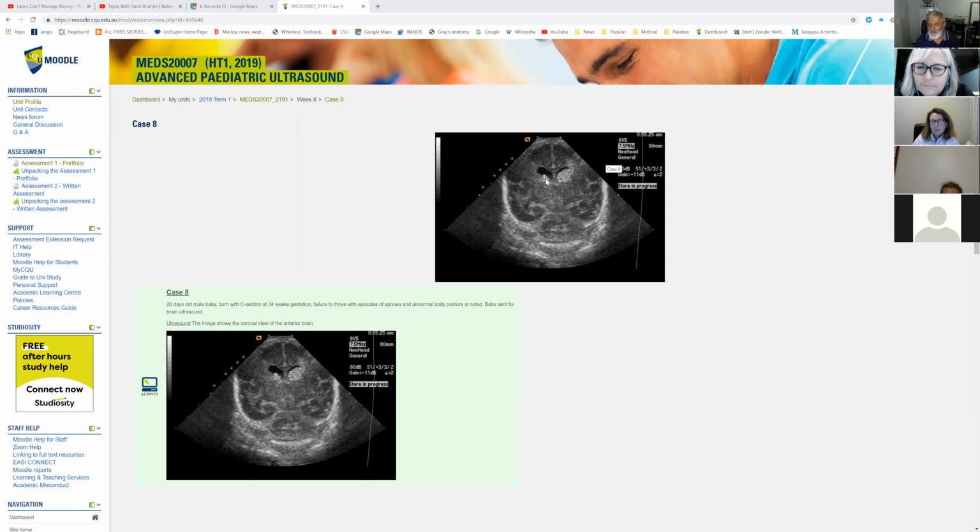Okay, so number 1, if it is confined to the subependyma. 2, if it extends into the ventricle, 3 when the ventricle starts to enlarge, 4 when there is a periventricular hemorrhage seen.